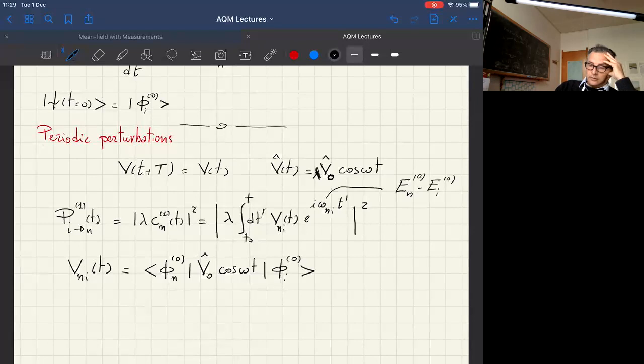So you see that the cosine can get out of the matrix element. So I can just write it as phi 0 of n, V0, phi 0 of I, times cosine of omega n I t.